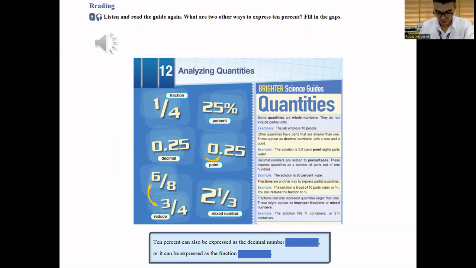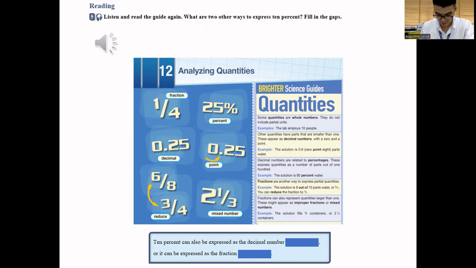Brighter Science Guides Quantities. Some quantities are whole numbers. They do not include partial units. Examples: the lab employs 10 people. Other quantities have parts that are smaller than 1. These appear as decimal numbers with a 0 and a point. Example: the solution is 0.8 parts water. Decimal numbers are related to percentages. These express quantities as a number of parts out of 100.